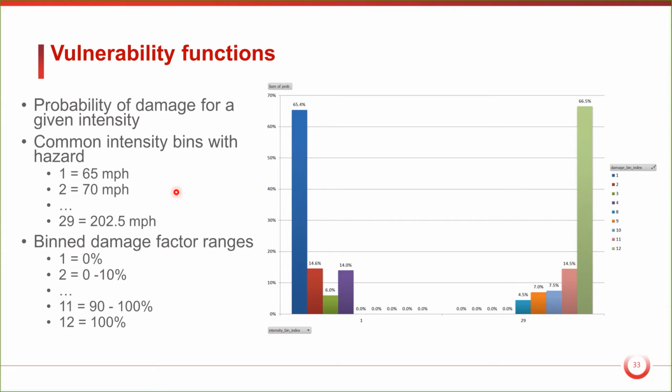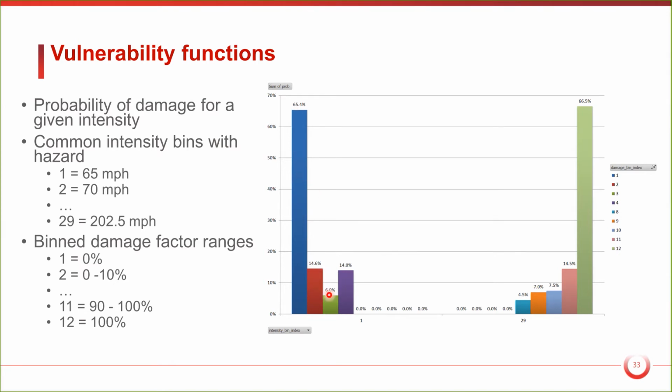So with 65 miles per hour, I have a 65% chance of no damage at all. And then a 14% chance of 0 to 10% damage, 6% chance of 10 to 20, and a 14% chance of 20 to 30.